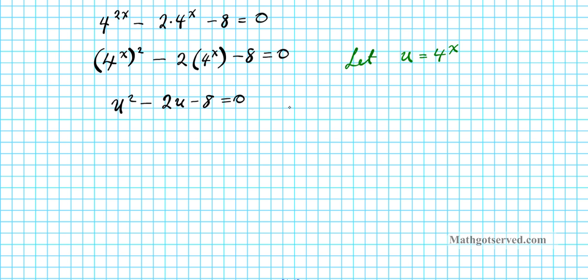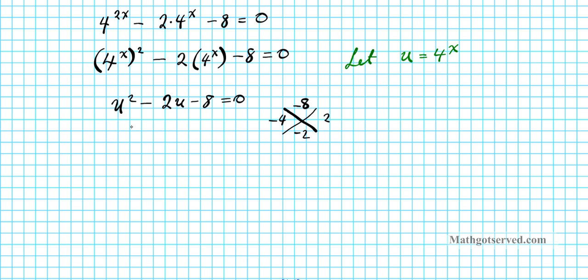So we're going to make a little x here. AC is negative 8 and B is negative 2. The two numbers that make this factorable, we're going to use 4 and 2. 4 times 2. Since the sum is negative, we'll put a minus in front of the bigger number.